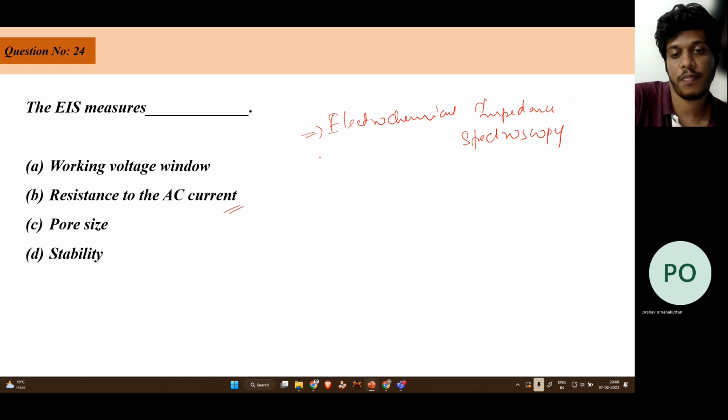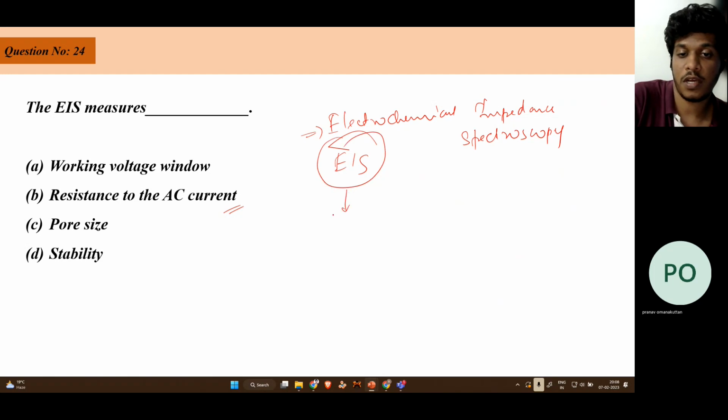So if we have a battery cell, and we need to know the internal resistance of that battery material, then we can go for this EIS technique, which gives us information about the resistance.